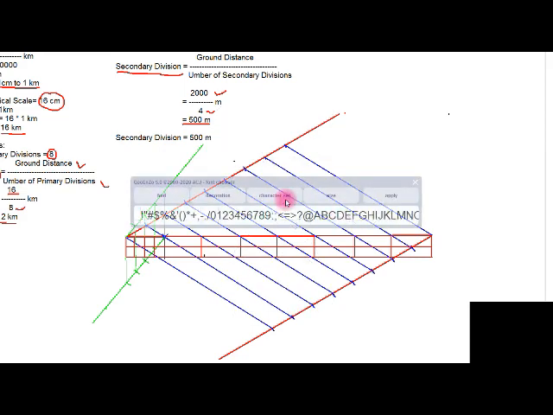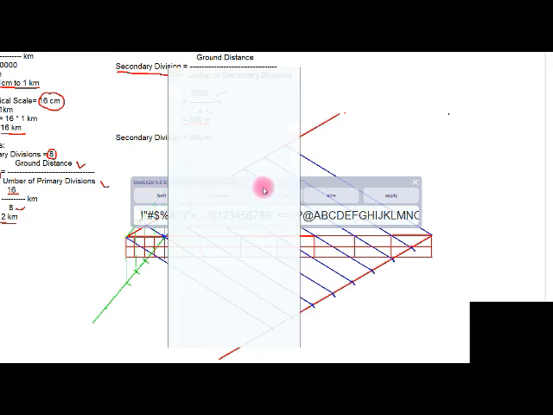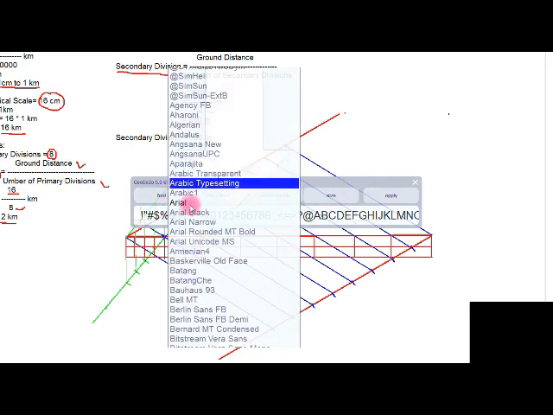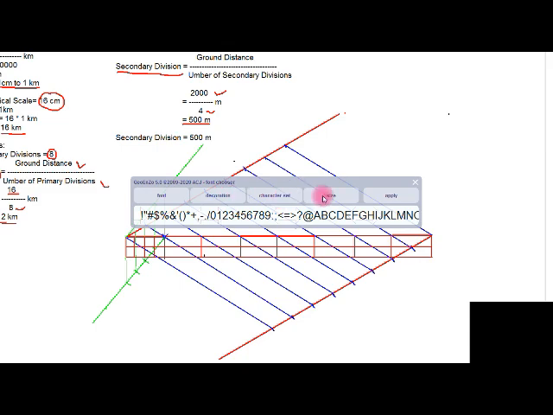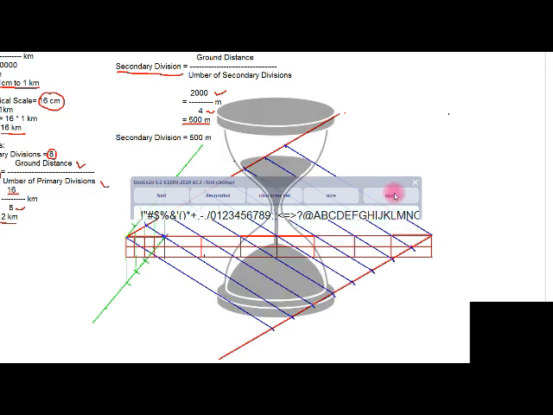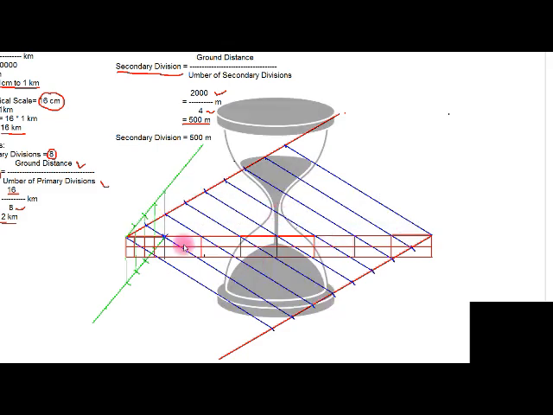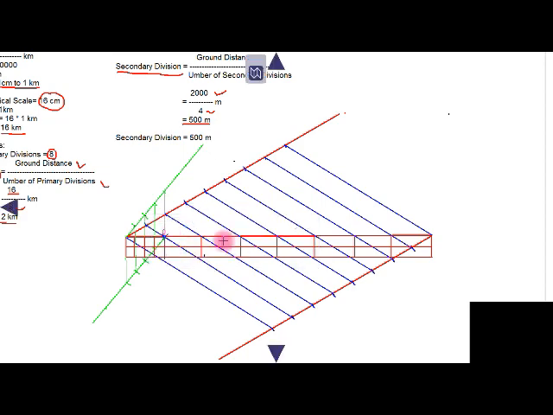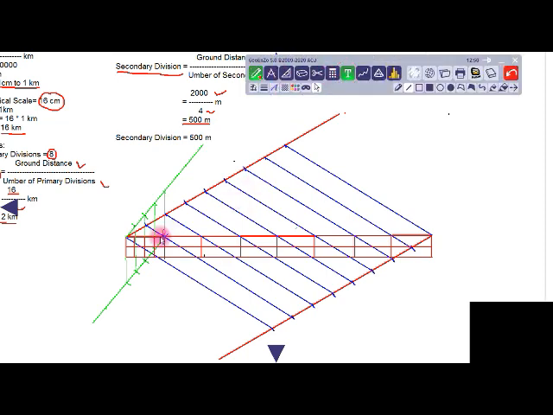Now we know that the numbering of the distance should start from the end of the first primary division, at the end of the first primary division. So we put the 0 at the first primary division here, right? So we have to put that 0.